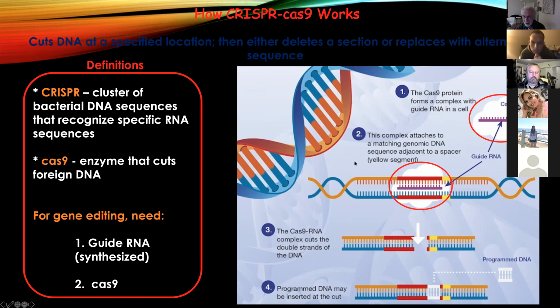And you need Cas9, which is a very special enzyme. It's an endonuclease. So the way this works is you make your guide RNA, you synthesize it, and you mix it with Cas9 protein, and it makes a complex. Then you add that complex to genomic DNA of your favorite organism. That happens to be humans, and you add the Cas9 guide to human DNA.